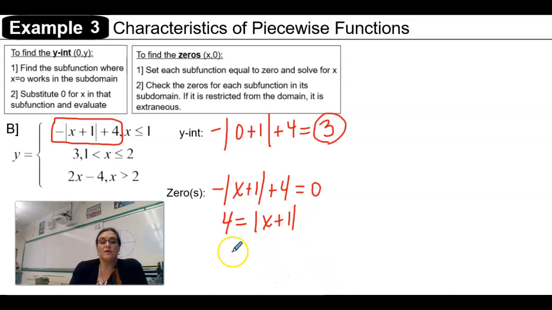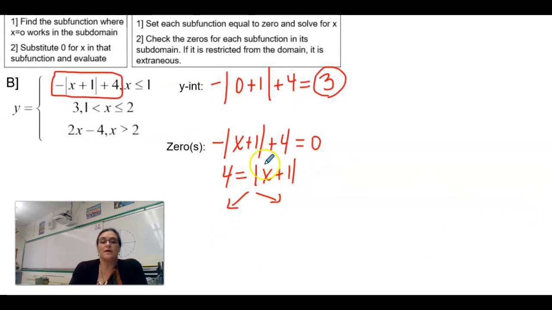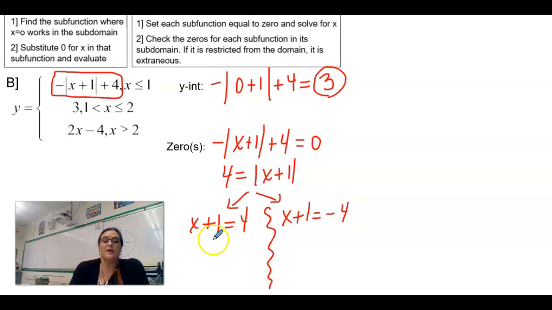And this is where we'll split into 2 possibilities. Either this x plus 1 that's inside the absolute value is positive 4, and the absolute value keeps it positive, or it could be the case that this x plus 1 is actually a negative quantity. It's a negative 4 in there, and then the absolute value of the negative 4 is why we get a positive 4. So we have to look at both of these possibilities.